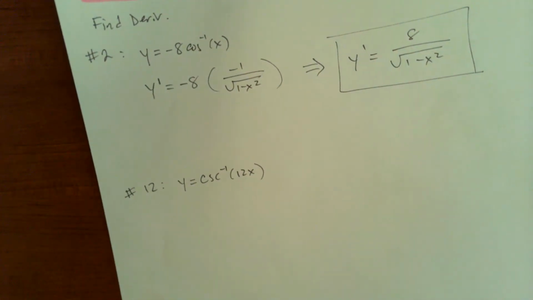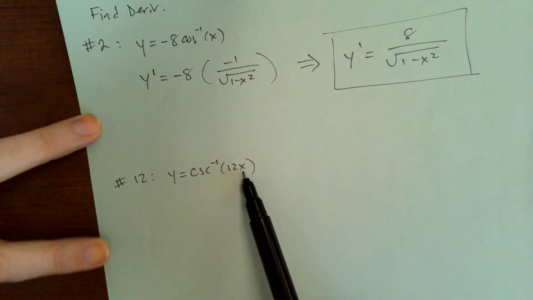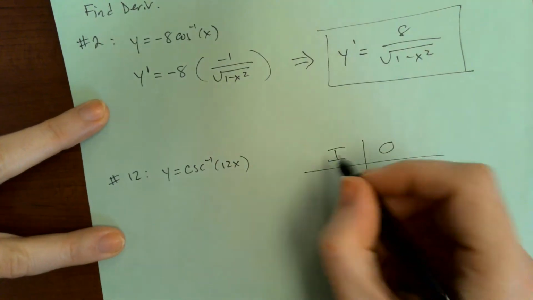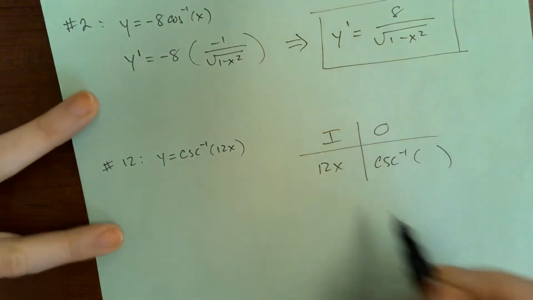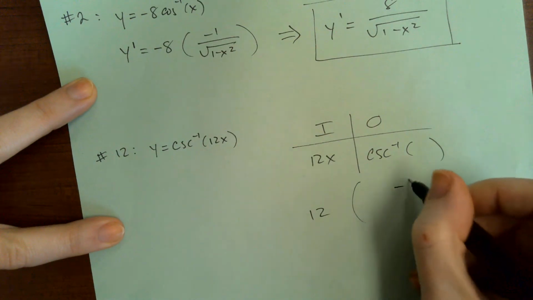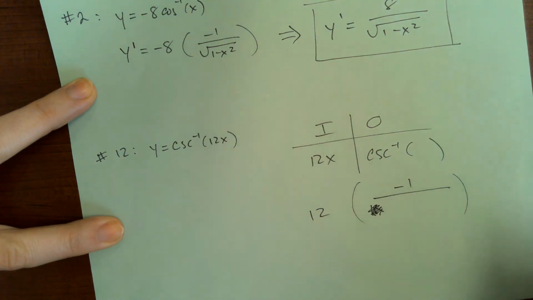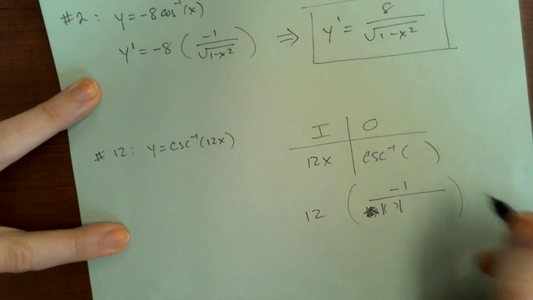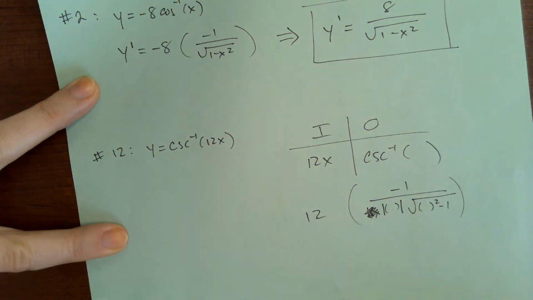All right, now this next one, we are going to need chain rule because it's not just a regular x that's inside the cosecant, it's a 12x. So inside, outside, the derivative of the inside is 12. The derivative of this outside is negative 1 over the absolute value of blank, radical blank squared minus 1.